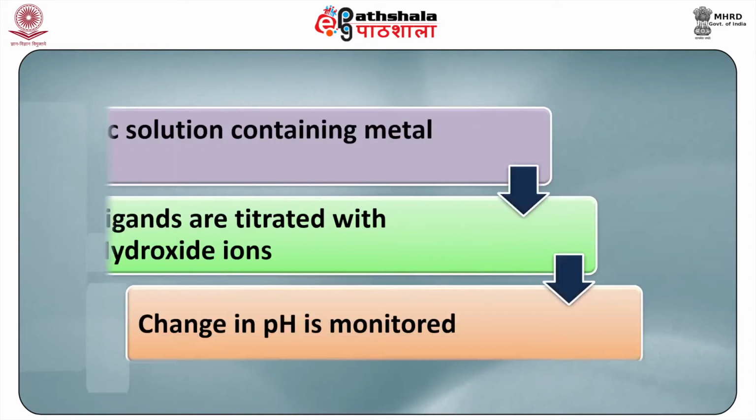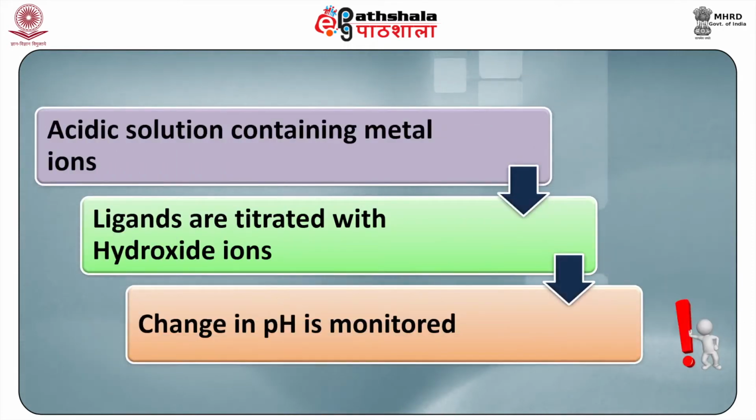These analytical methods may also be used for the determination of conditional stability constants for a complex. In the potentiometric titration experiments, the acidic solution containing metal ions and the ligands are titrated with hydroxide ions, and the change in pH is monitored during the titration.